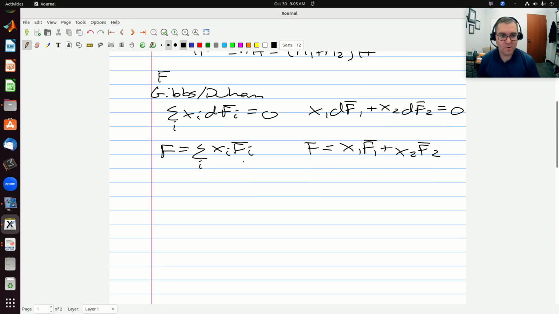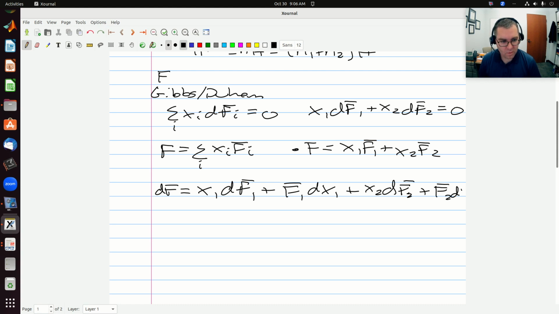I'm going to take this equation and take the differential of it, working out an expression for the differential of f. If I do that, I have df is equal to x1 d f-bar 1 plus f-bar 1 dx1 plus x2 d f-bar 2 plus f-bar 2 dx2, using the product rule.